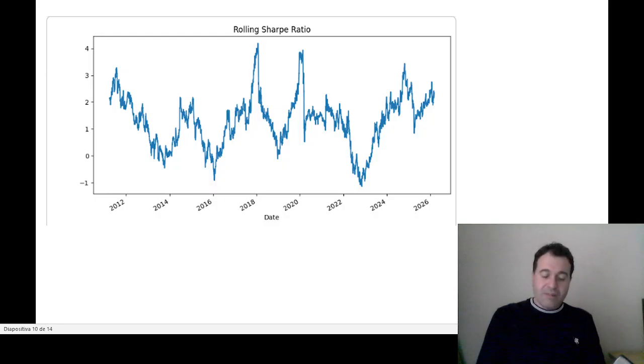During favorable market conditions, the Sharpe ratio can exceed 2 or even 3, suggesting the strategy is well aligned with prevailing market trends. Overall, the rolling analysis shows that the strategy's performance is not concentrated in a single period, but instead appears across multiple market environments.